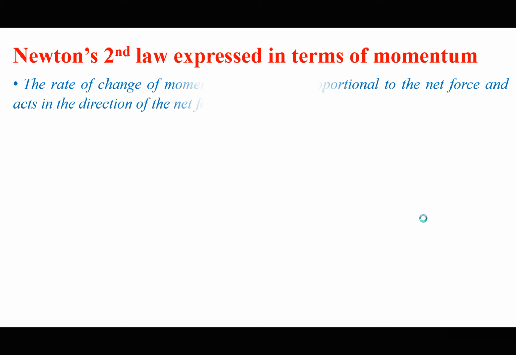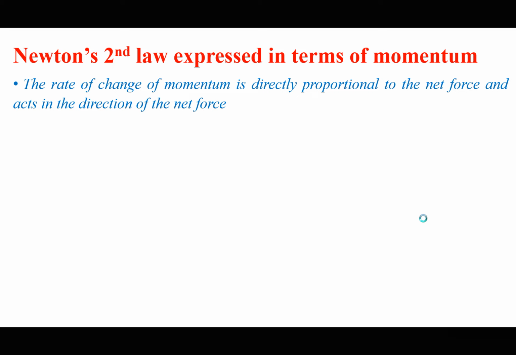Because force is the rate of change of momentum, Newton's second law was easily stated in terms of momentum. So the rate of change of momentum was directly proportional to the net force, and it acts in the direction of the net force.